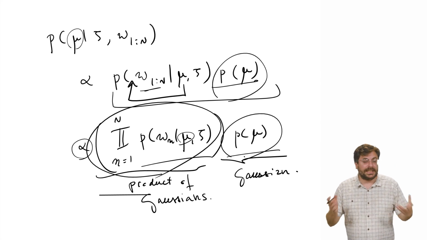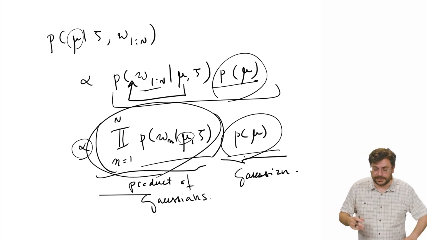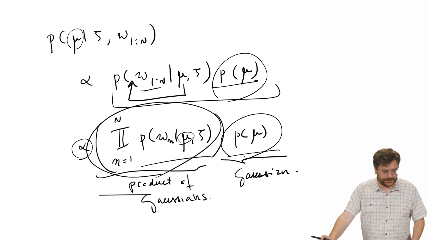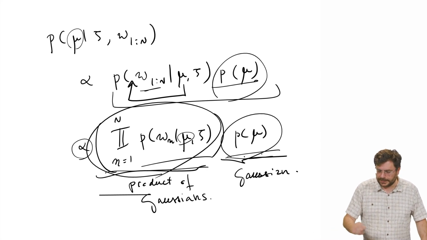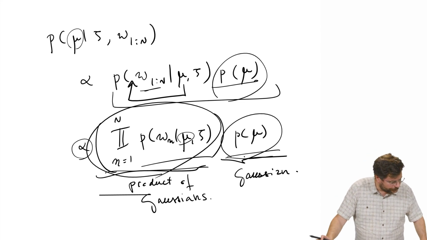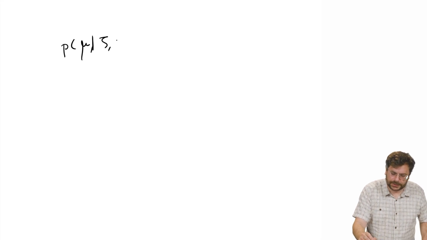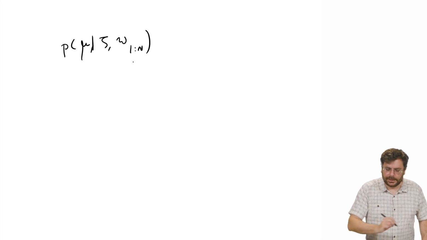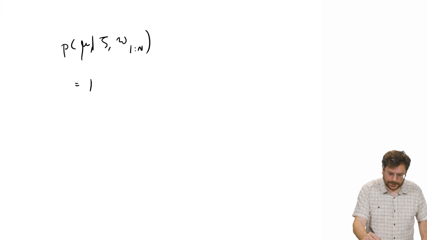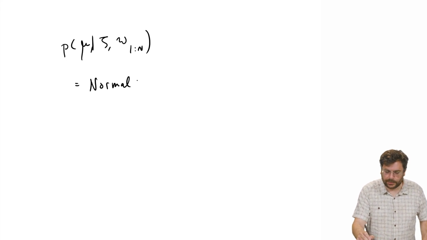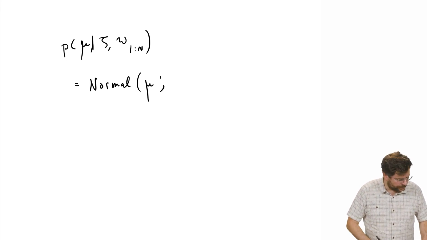In principle, I can take my Gaussian, I can renormalize it, and obtain those factors if I wish to, but I don't need them. So if I do the math correctly, I take this product of Gaussians, I multiply with this one here, then I should be able to get a mean. P of mu conditioned on tau and w1 to n is going to be a normal in terms of mu.